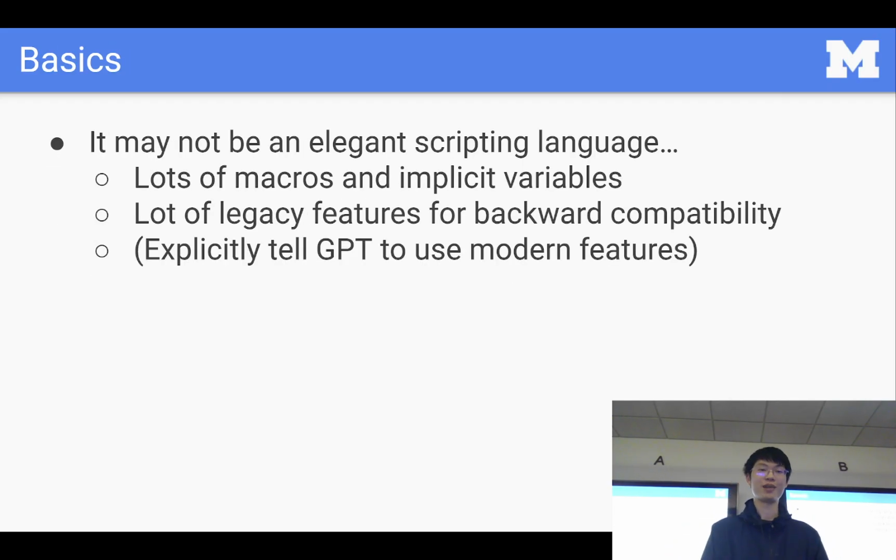First things first, it may not be an elegant scripting language. It contains lots of macros and implicit variables that you have to remember. It contains lots of legacy features for backward compatibility. So ChatGPT could be your friend when you're writing CMake, but you have to explicitly tell it to use modern features. Otherwise, it might give you legacy features that you don't want in your project.